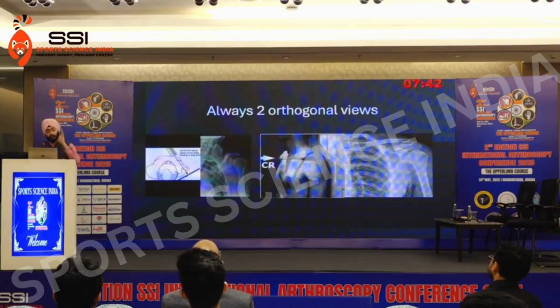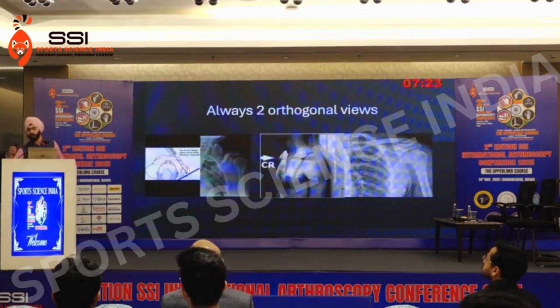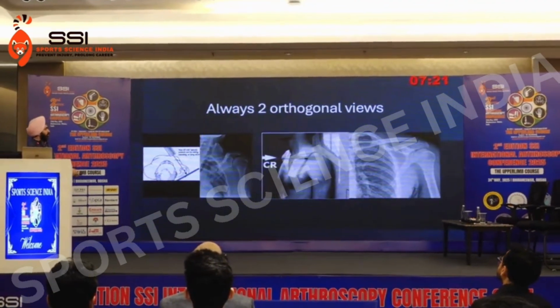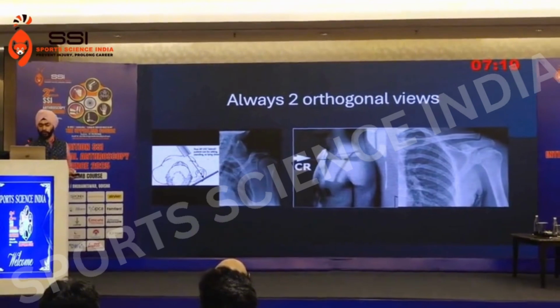That gives you a true AP view, and you will get a proper distinction between your humeral head and the glenoid. This is a normal. So this is an AP view, and this is a true AP or Grashey view.